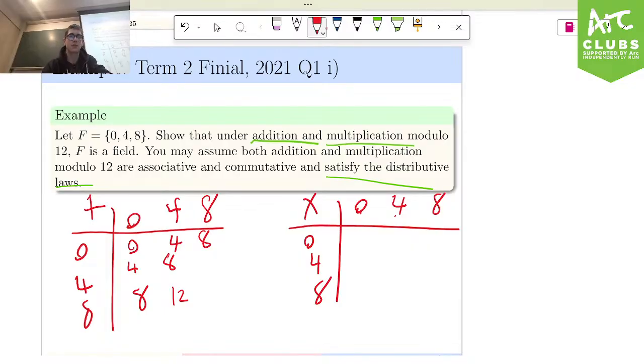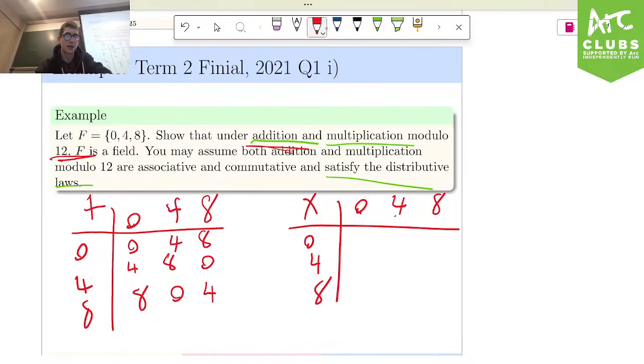But since we're trying to do addition modulo 12, that means we're treating 12 as a 0, because when we take a sum, we're looking at its remainder when we divide by 12, and when we divide 12 by 12, the remainder is 0. Likewise, this side, this would be 12, but the remainder is 0. This would be 16, but when we divide that by 12, the remainder is then 4.